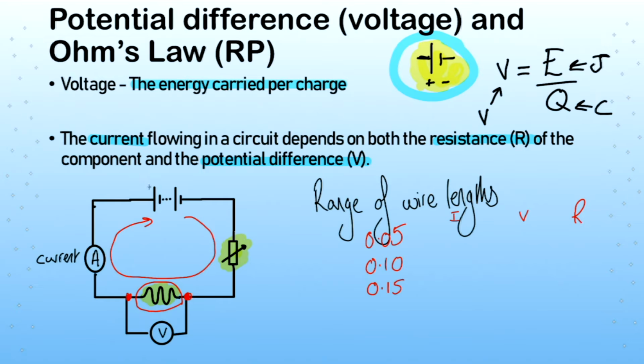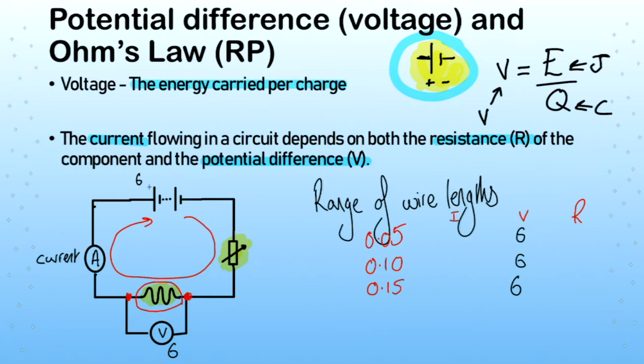So if we imagine we've got a constant voltage being put out by this power supply, let's call it 6 volts, which is not going to change. The amount of volts being supplied and being used up at this fixed length or range of length of wires should be exactly the same, because we're not changing the voltage being put in.